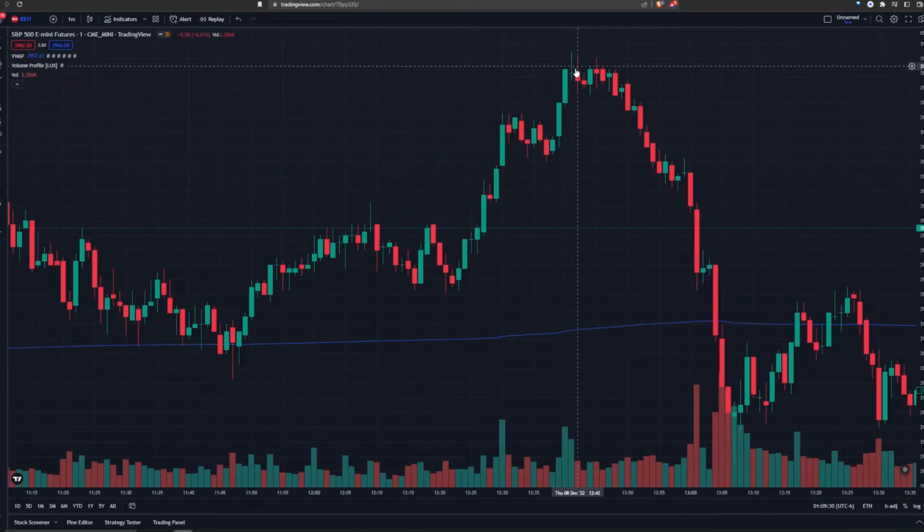Okay, wicks up, wicks up, wicks up, doji, holding, and then drop, right? Once you see this drop, that tells you, okay, I think the buyers are getting trapped here.